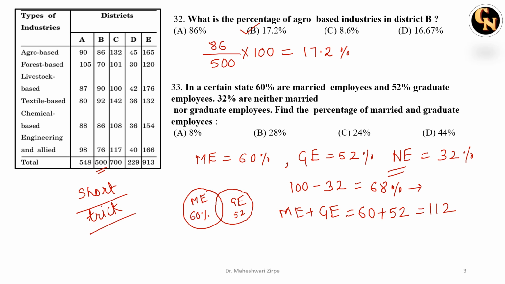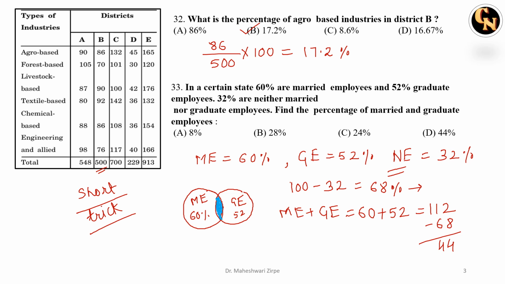If you subtract 112 minus 68, you will get 44, and that means this intersection here, I'll just show it with blue color, this part, the intersection of the two Venn diagram circles, will be 44%.